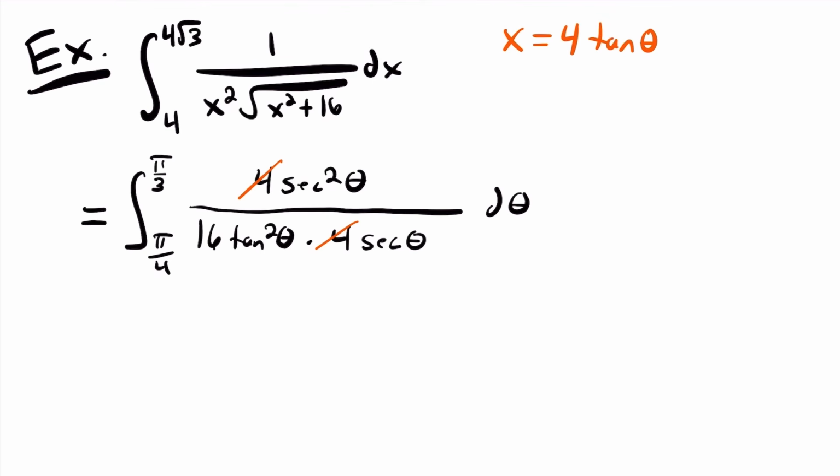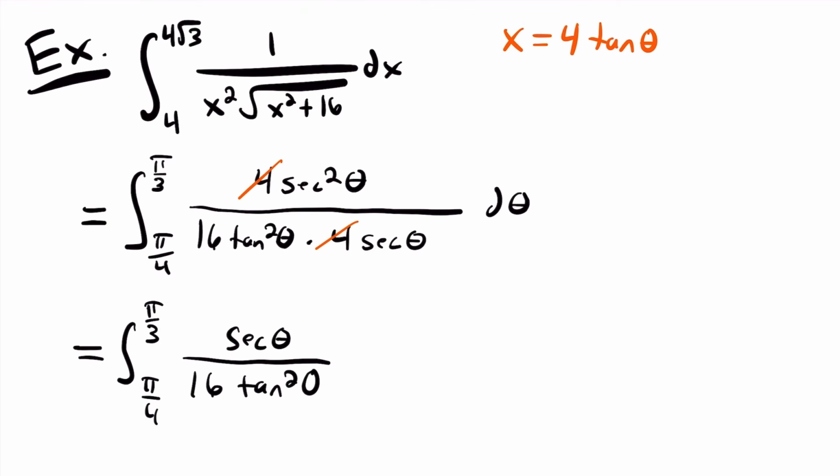And so now if we rewrite our integral, this will be equal to the integral from pi divided by 4 to pi divided by 3 of secant theta divided by 16 times tangent squared theta, right? That secant theta canceled out with one of those, and so we just have 1 secant theta divided by 16 times tangent squared theta times d theta.